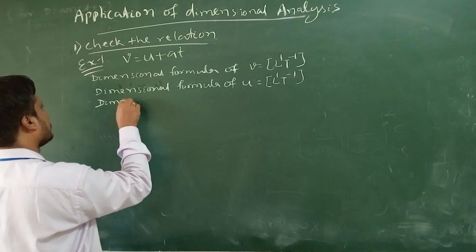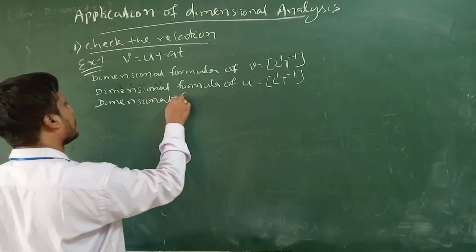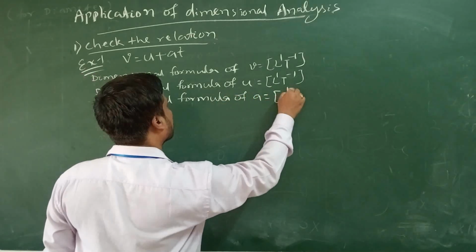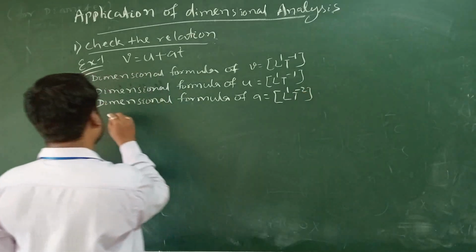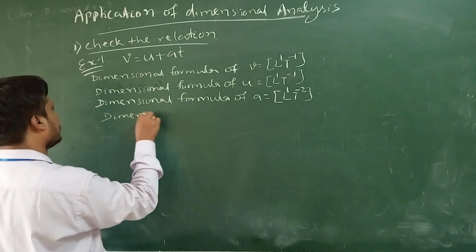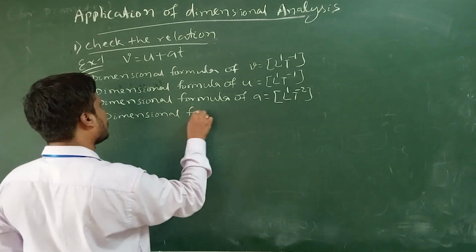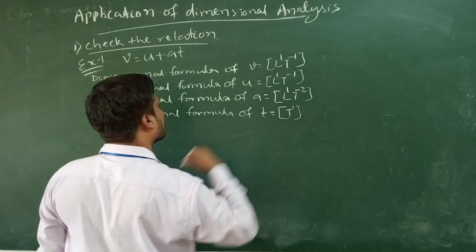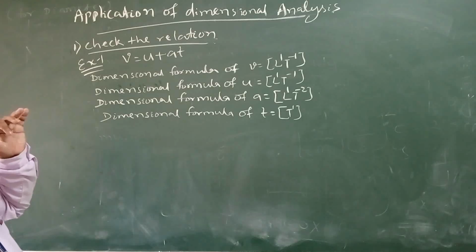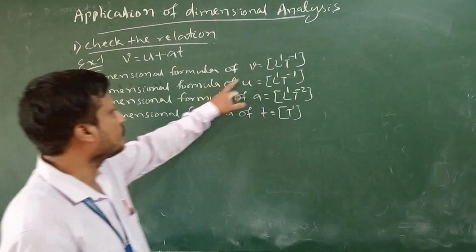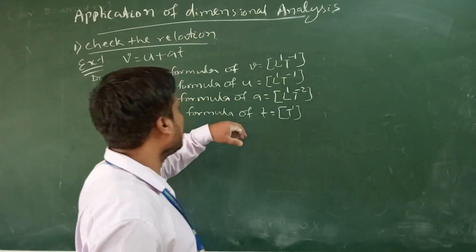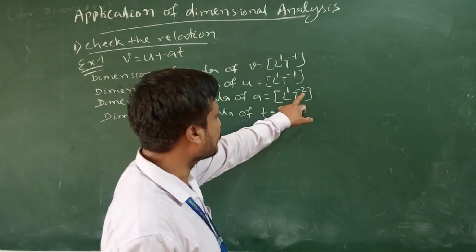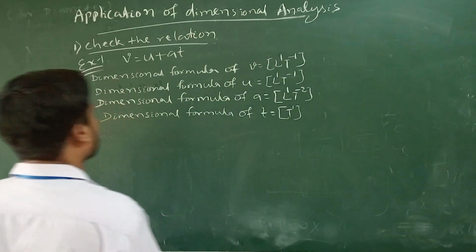Dimensional formula of A equal to L to the power 1 T to the power minus 2. Dimensional formula of T equal to T to the power 1.